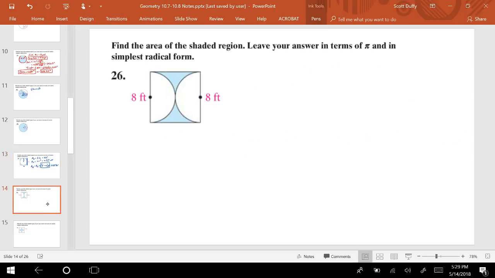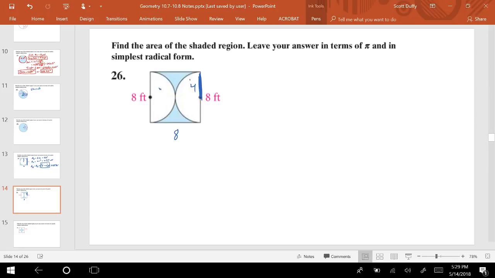These are very similar. Realize that the box has dimensions, or the square has dimensions of 8 by 8. So you know you have to multiply those side lengths to get the area, and that the radius would be half of 8, which would be 4.